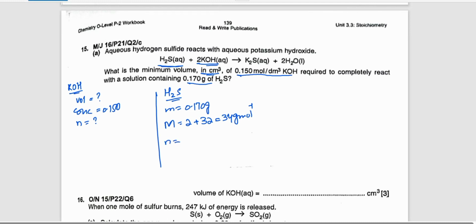So number of moles is equal to given mass over molar mass, which is 0.170 divided by 34 gram per mole. Gram will be cancelled with gram. You have to keep a calculator with yourself. 0.170 divided by 34 becomes 0.005.